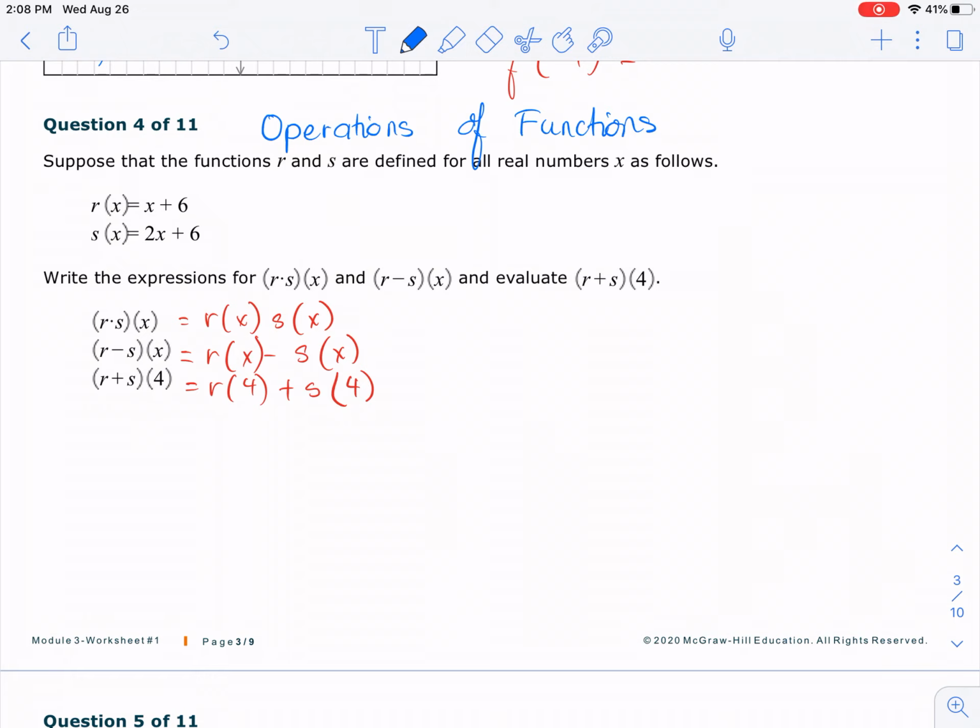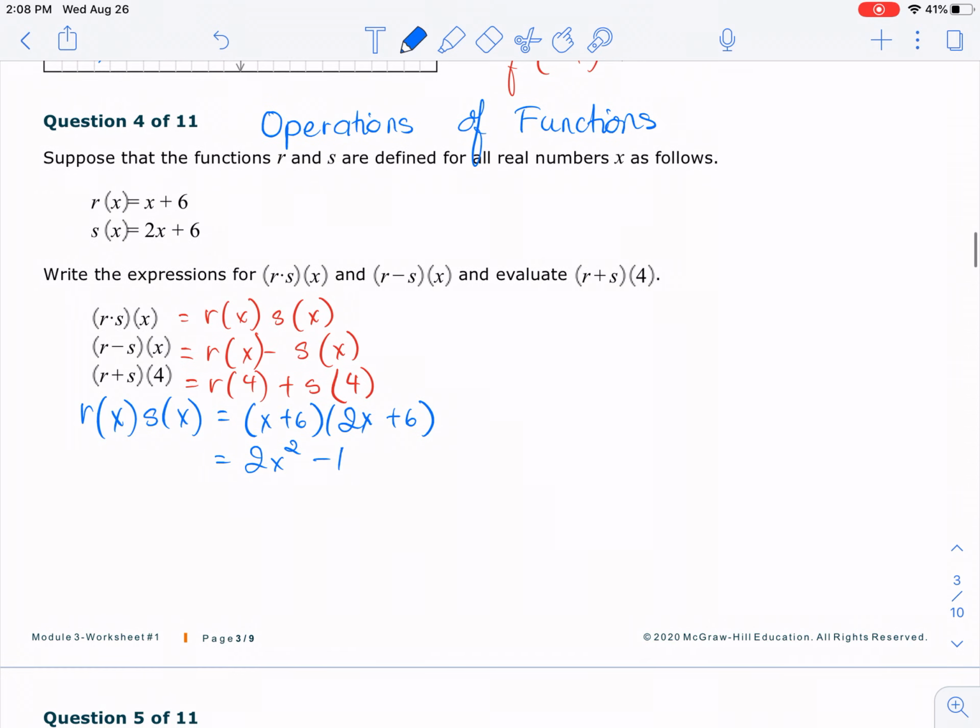So this is very similar. So we have r(x) times s(x), which is multiplication. So you have the product. And then you just FOIL. So we ended up with 2x squared plus 6x plus 12x plus 36.